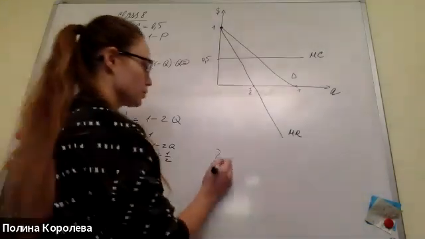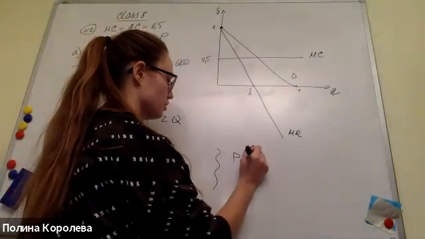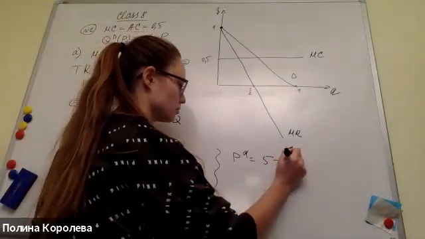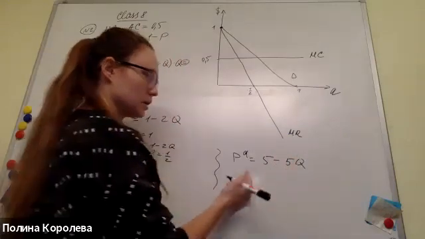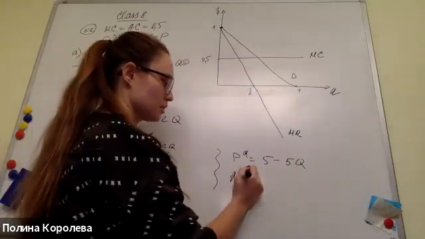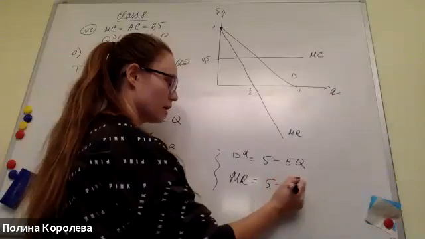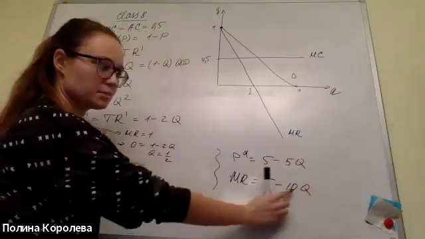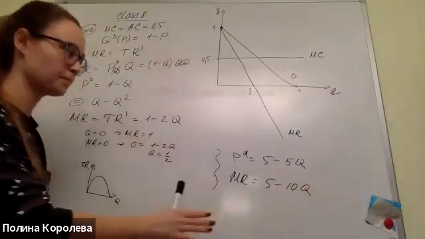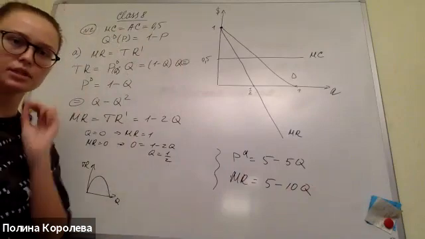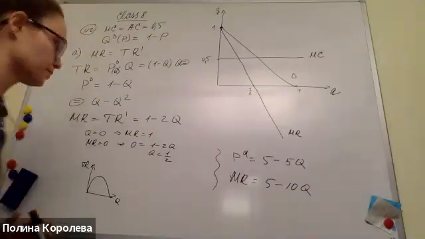So if, for example, you have inverse demand function 5 minus 5Q, you can count marginal revenue very fast. It will be 5 minus 10Q, 2 times steeper slope, and that's all. Only for linear demand functions.